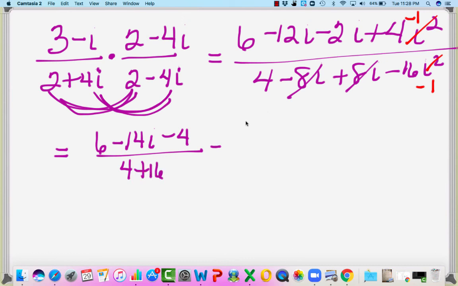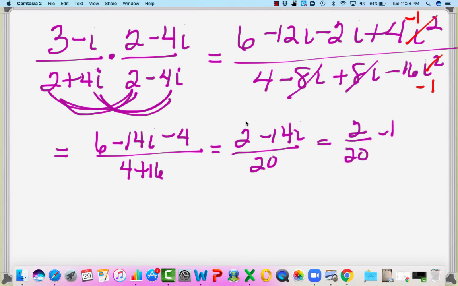So kind of cleaning this up a little bit, I get 2 minus 14i over 20. But then I'll split that up into 2 over 20 minus 14 over 20 times i. But that's 1/10 minus 7/10 i. And you're in standard form, so that would be your final answer.